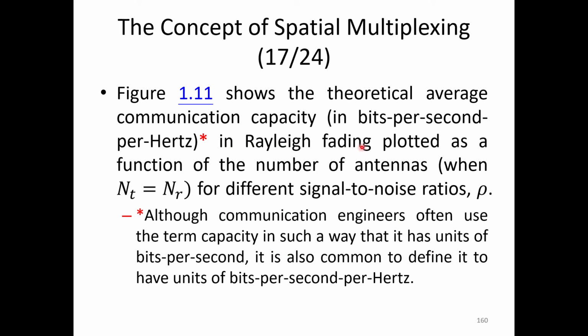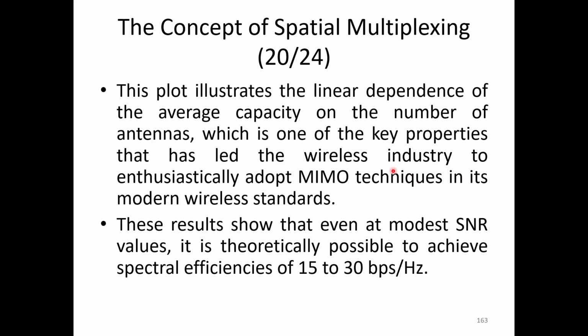Okay, in Rayleigh fading, plotted as a function of the number of antennas when NT is equal to NR for different signal-to-noise ratios ρ. This plot illustrates the linear dependence of the average capacity on the number of antennas.